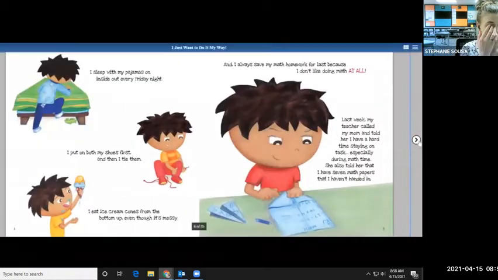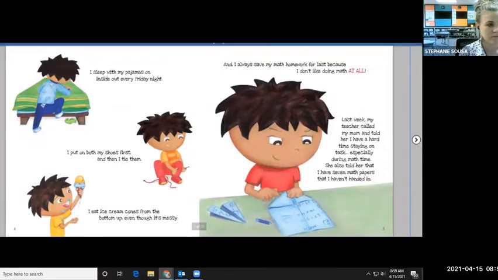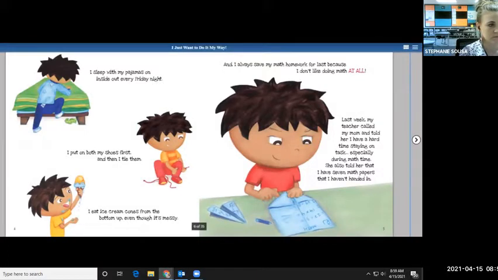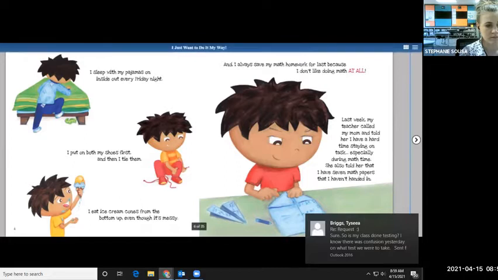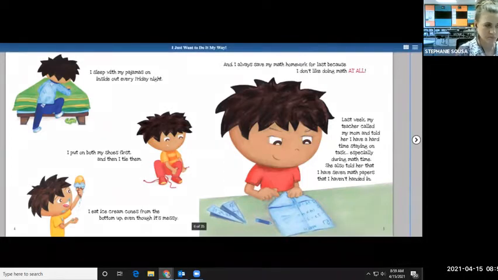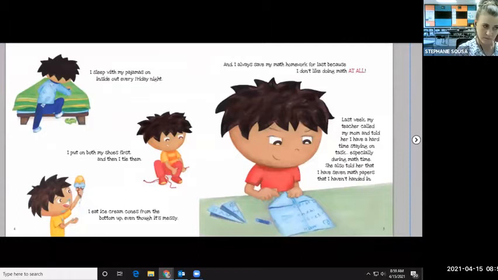I sleep with my pajamas inside out every Friday night. I put both my shoes on first and then I tie them. I eat ice cream cones from the bottom up, even though it's messy.